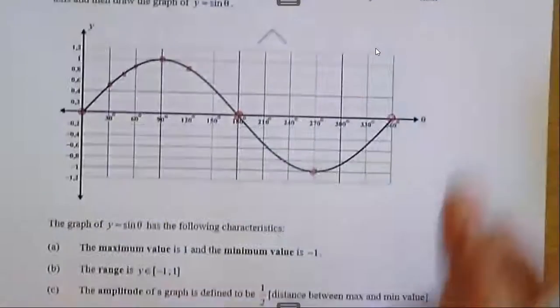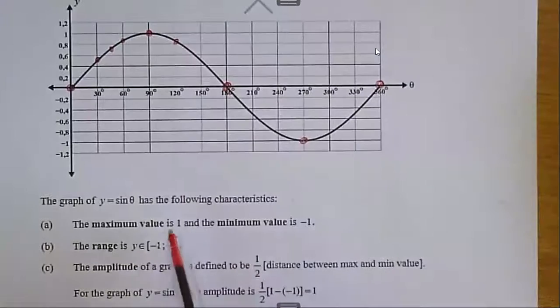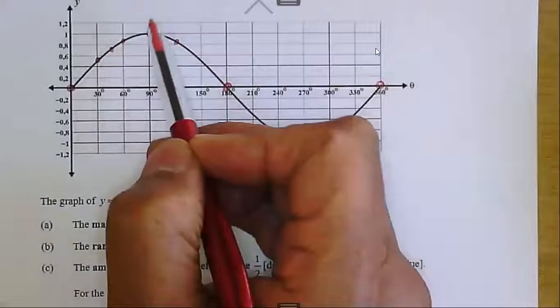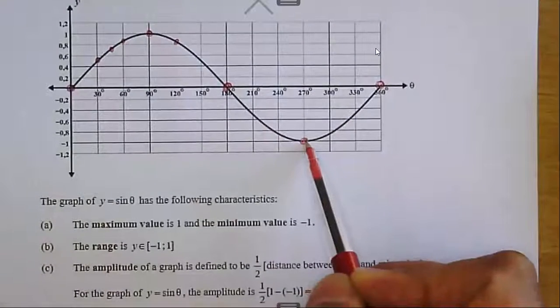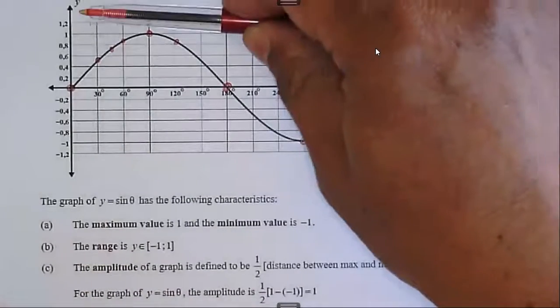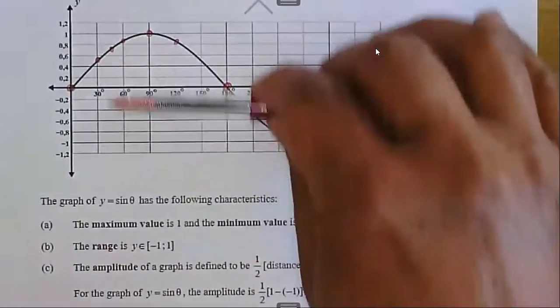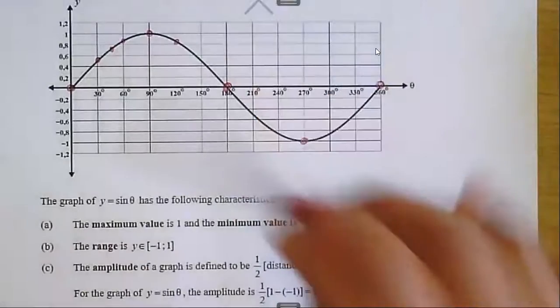So let's look at the properties. The graph has a maximum value of 1, which I showed you there, and a minimum value of -1. The range is between +1 and -1.